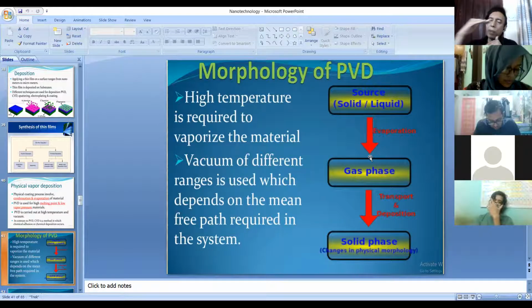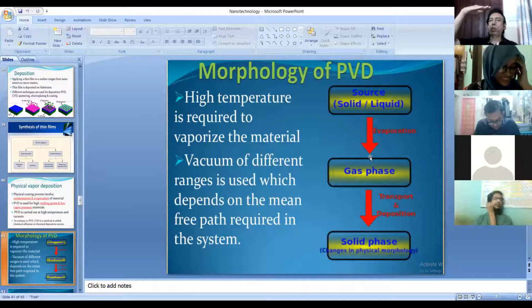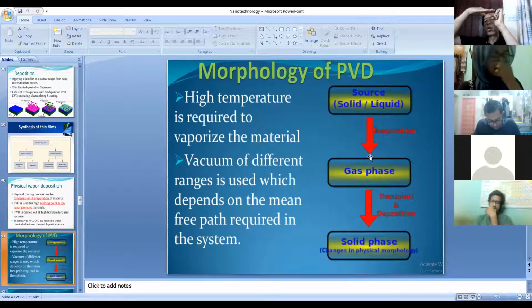And this aluminum vapor, we want to condense upon a substrate. So we have kept a substrate here. From here, we are vaporizing aluminum, and the aluminum vapor is going to the substrate and condensing on that substrate. That means from vapor phase, the aluminum is going again to the solid phase.